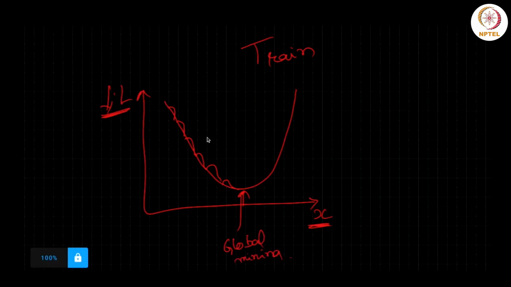At any point you're trying to understand what the slope is, and you're taking a direction along that slope. Slope and gradient are the same thing. Depending on the slope between L and X, you take a direction along that slope. And if this is your loss curve, you're taking steps incrementally as you train your neural net, so that you end up at a global minimum, an optimal solution where your loss is as low as possible.